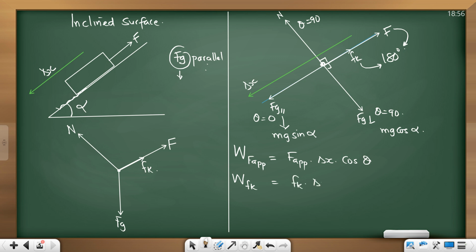Frictional force delta X cos theta. Are you with me? If I say what is the work done by FG parallel, what will it be? Let's start with this. FG parallel delta X. But what is FG parallel? MG sine alpha.